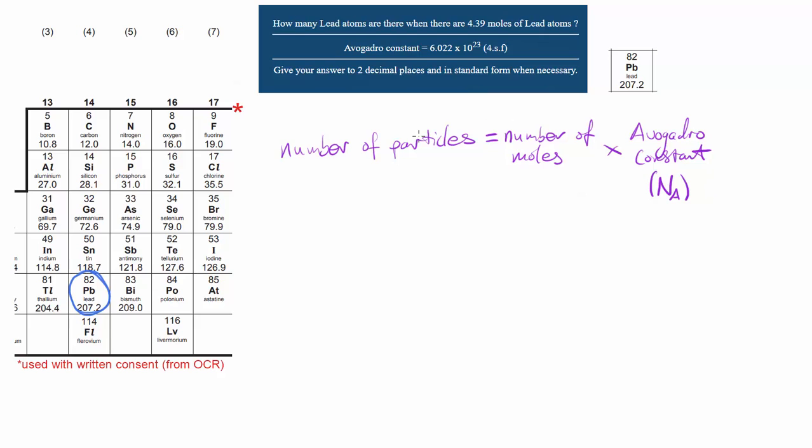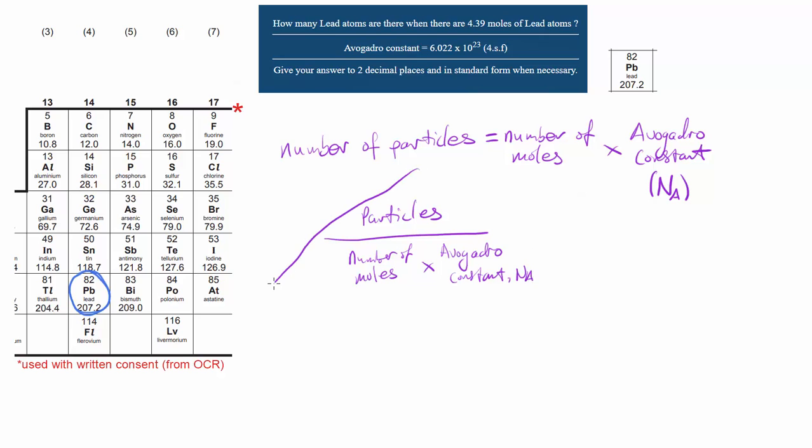You might find this equation represented as a triangle, with particles at the top and then the number of moles, multiplied by the Avogadro constant. Sometimes you might find something like this.